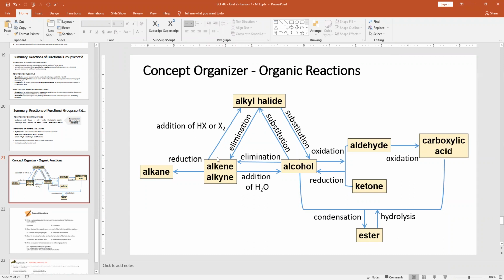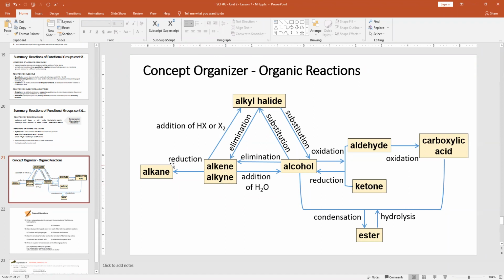You can have addition of a hydrogen halide or a halogen itself to an alkene or alkyne, and that will give an alkyl halide, or you could have an elimination from an alkyl halide, of a hydrogen halide or a halogen molecule, to give an alkene or an alkyne.